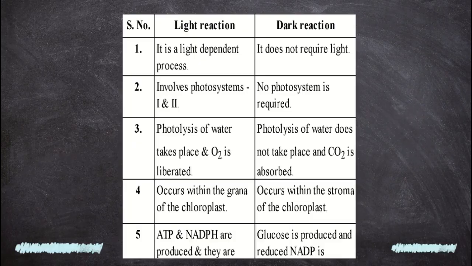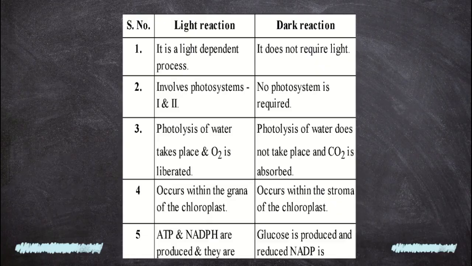So we have two reactions: our light dependent and our light independent reactions. The light reaction is the light dependent reaction, and just a quick overview, it involves photosystems 1 and 2, and photolysis of water, which means splitting of water takes place and oxygen is produced.